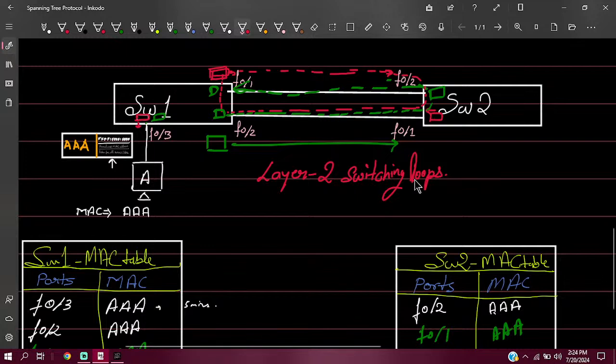So what happens is, once a loop has been introduced to your switching network, it will introduce a Layer 2 switching loop. And what is the outcome of this? If you have Layer 2 switching loops introduced to your switch network or Ethernet networks, they will sadly go down, because if a broadcast frame is endlessly being sent out and injected into your switch network, it will result in a broadcast storm.